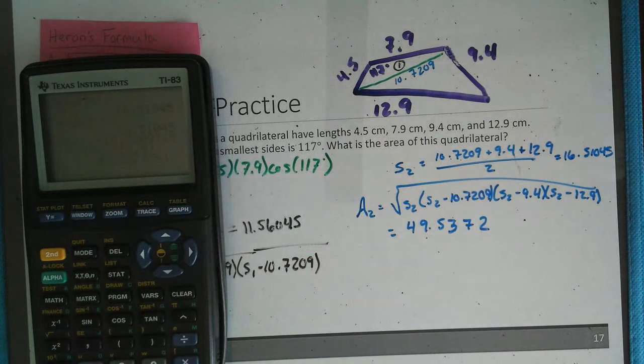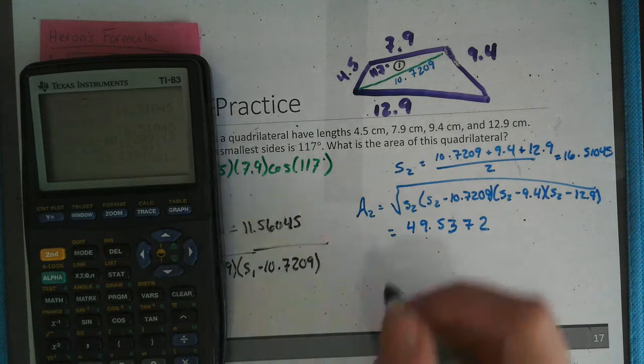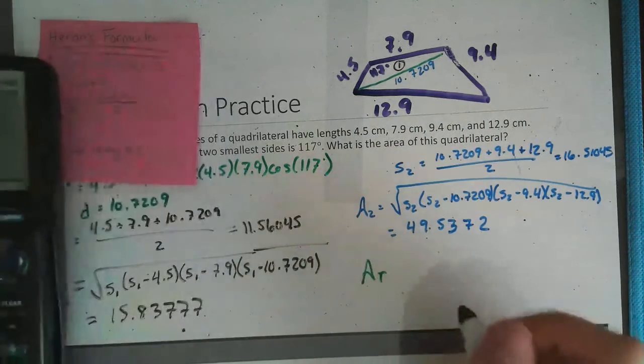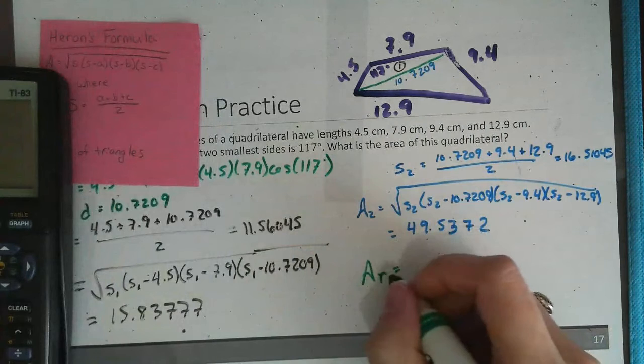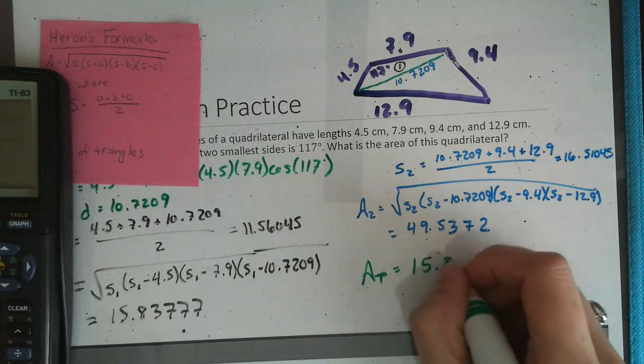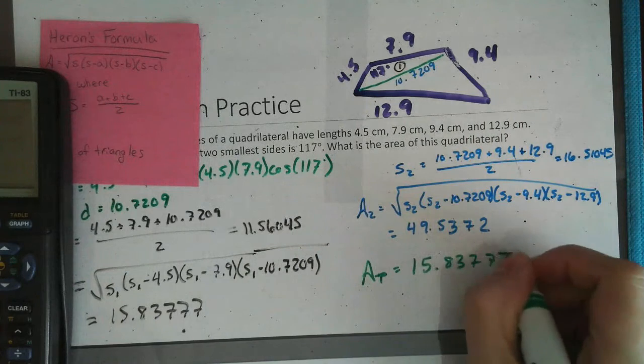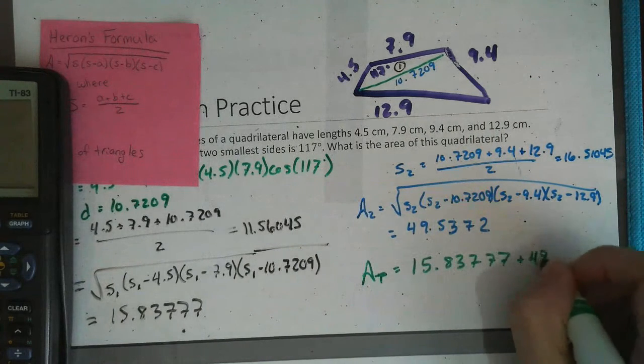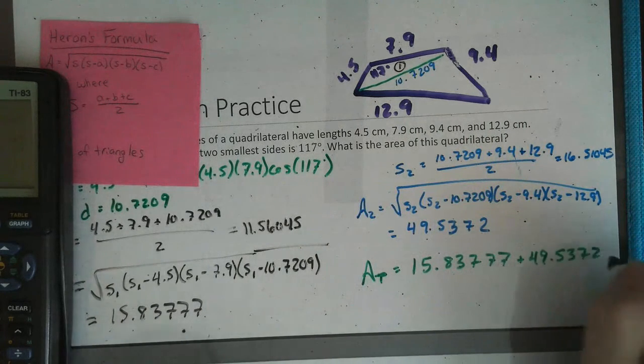So the area of my whole quadrilateral is the sum of these two. So the total area, that's supposed to be a T, total area is equal to 15.83777 plus 49.5372.